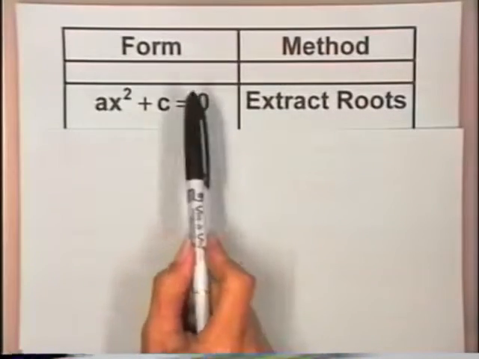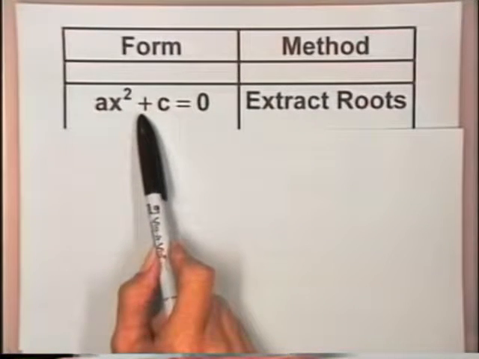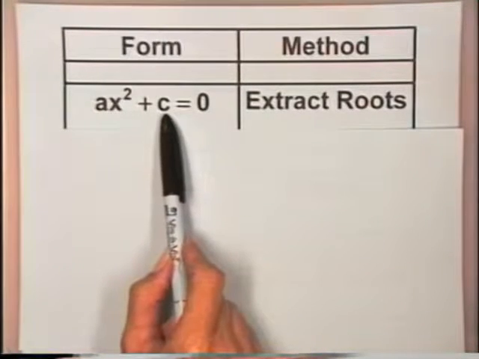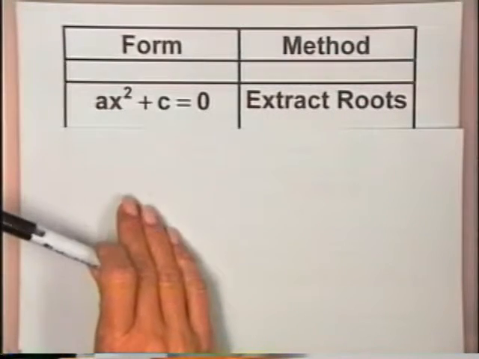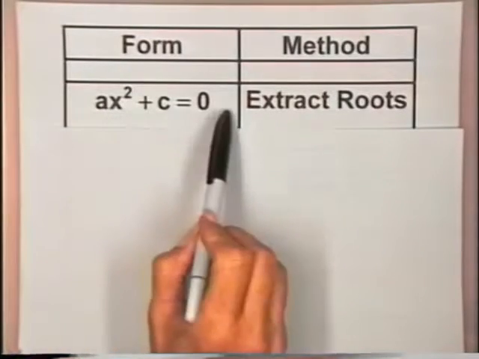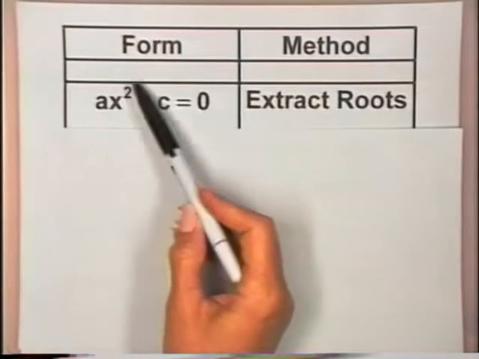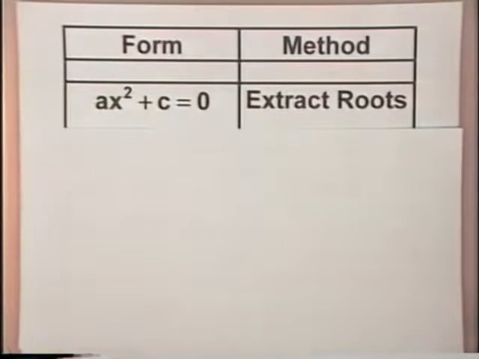Now notice that I have the quadratic term, I am missing the linear term, and I have the constant term. When I am missing the linear term, when I write the quadratic equation in standard form and I have the squared term and the constant, I choose to extract roots.